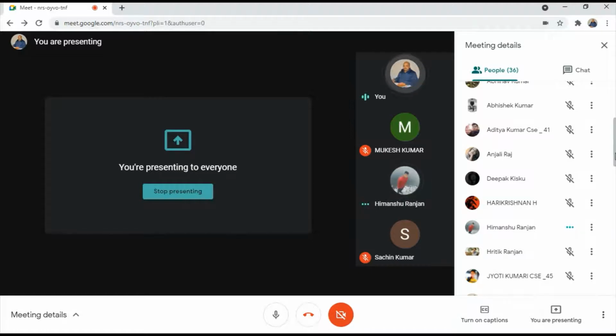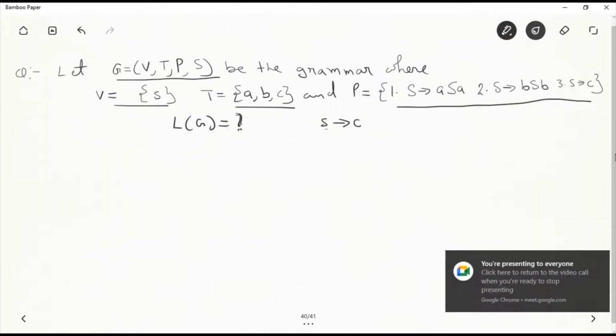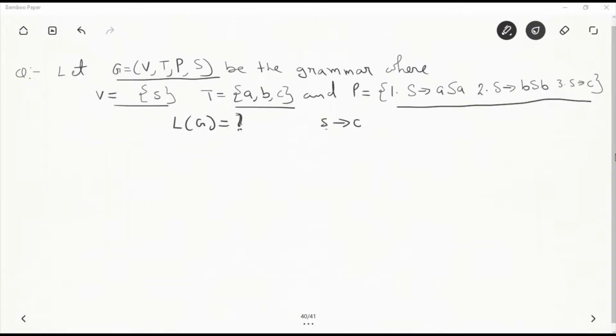What is that string which is directly derivable from the start symbol?